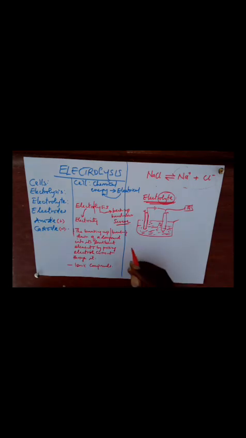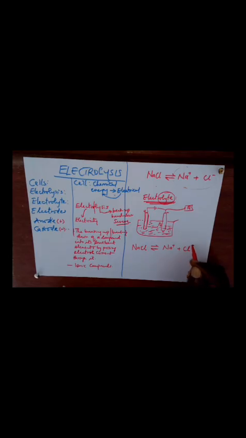So let me take, for example, when sodium chloride is involved, actually, let's take electrolysis of molten sodium chloride. This is what actually happens. Sodium, because it's a metal, for it to form an ion, will release an electron.